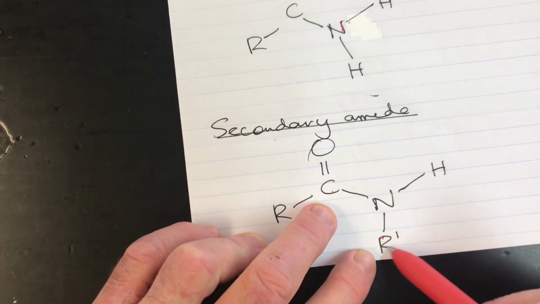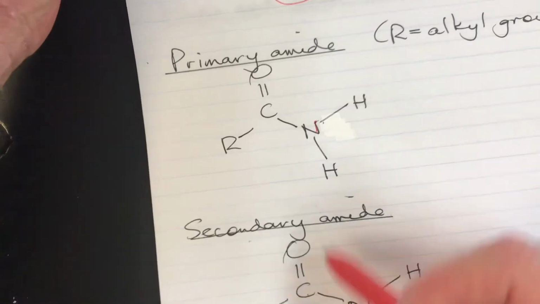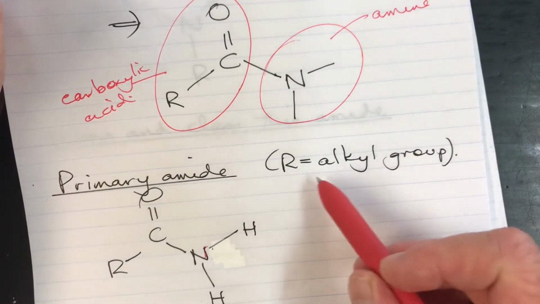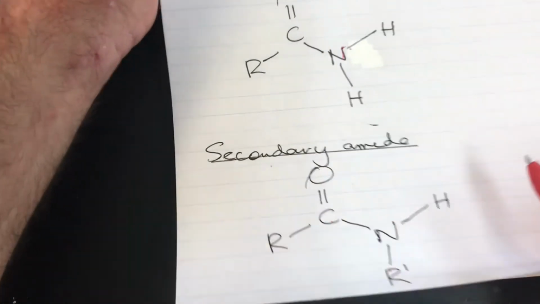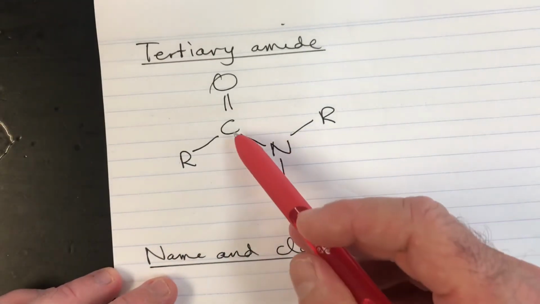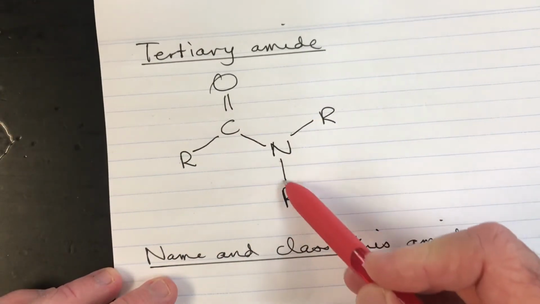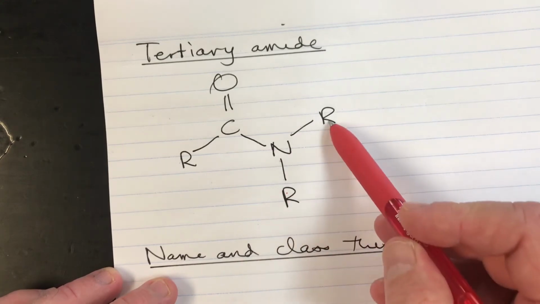The second one from this R group. And remember, whenever you see an R, it stands for an alkyl group, a hydrocarbon chain, or a substituent. And tertiary amides is when the nitrogen is attached to 1, 2, 3 other carbons.